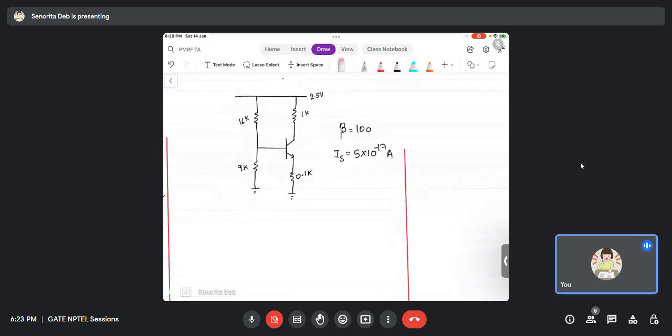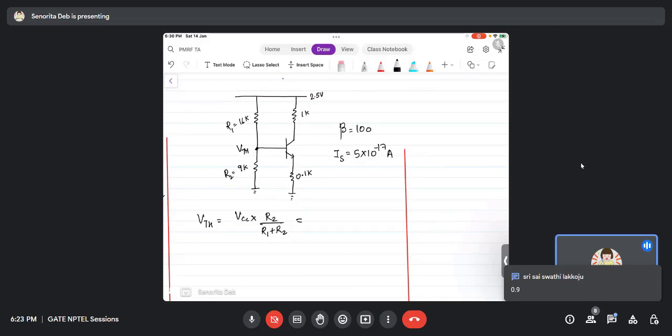So what is the procedure? Terming this as VTH. VTH is VCC into R2 by R1 plus R2, right? This is R2, this is R1. Tell me what you are getting. 0.9.